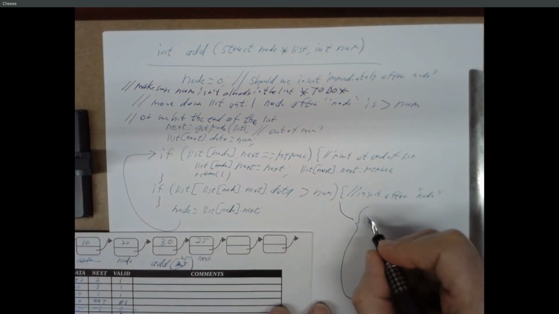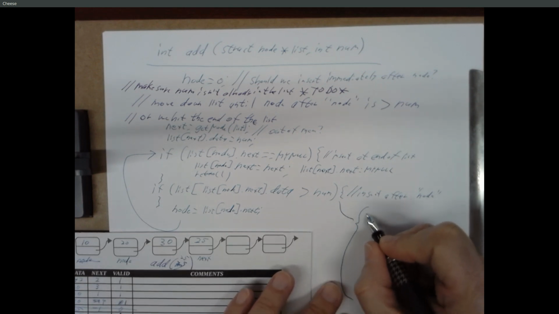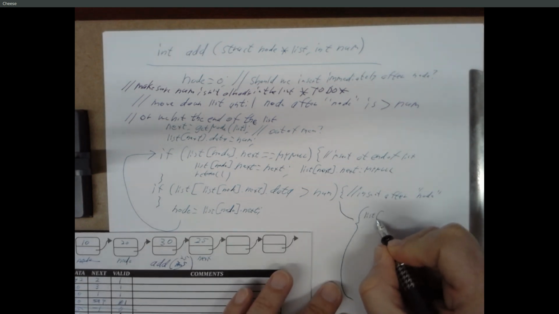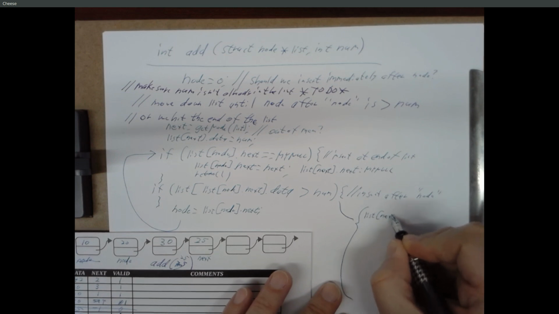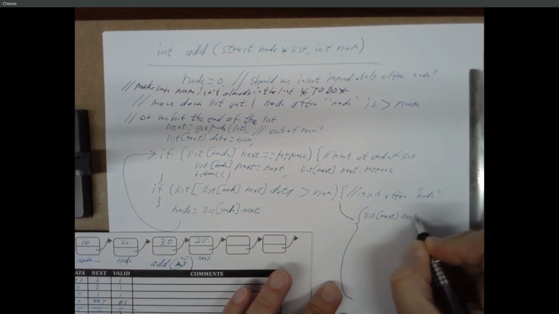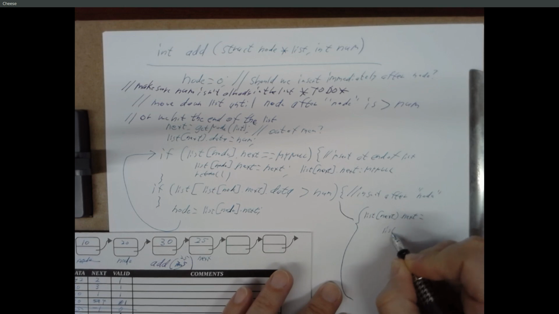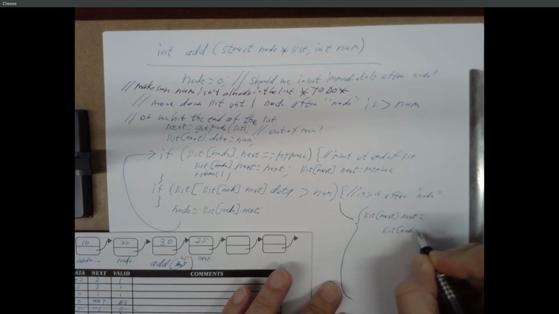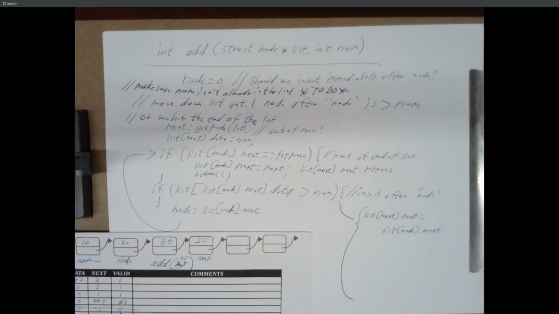So new node, what are we calling it? Next. List bracket next dot next equals list bracket node dot next.